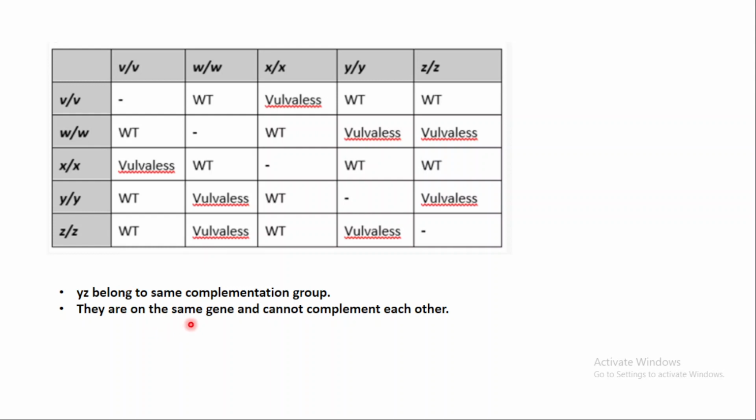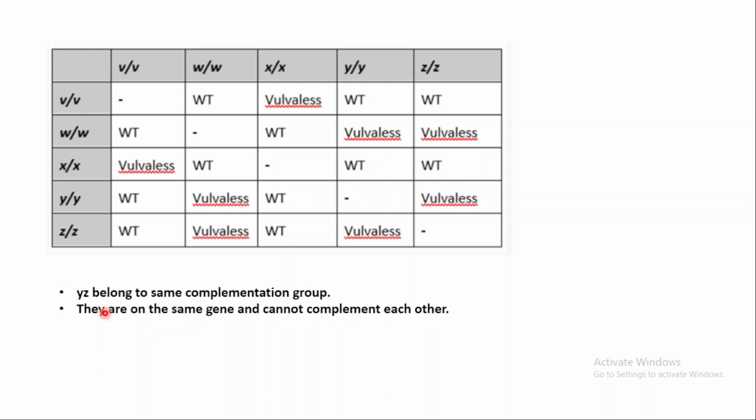So again, the key point that I want you to imprint in your mind is that in a complementation group, nothing complements. Actually, it is very ironic. In a complementation group, nothing complements, while for mutations which are not in a complementation group, they may or may not complement, depending on the gene and pathway and everything else.